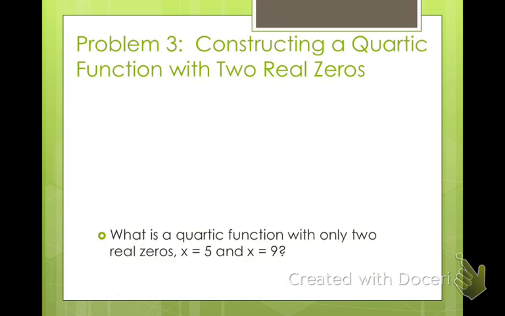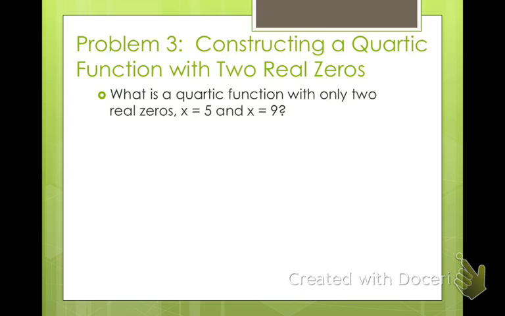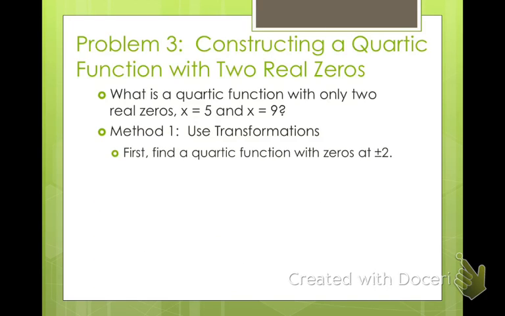Okay, given 2 real zeros, what is a quartic function? So that means a power of 4 with only 2 real zeros, x equals 5 and x equals 9. Well, if we know that we have 2 real zeros, that means we can write those as our factors. So we can start by using transformations, and we find a quartic function with zeros at positive and -2.